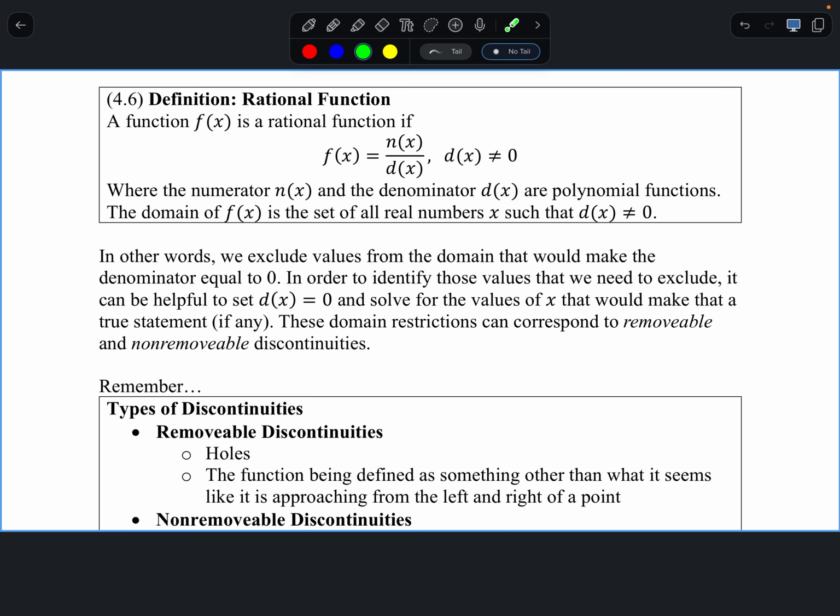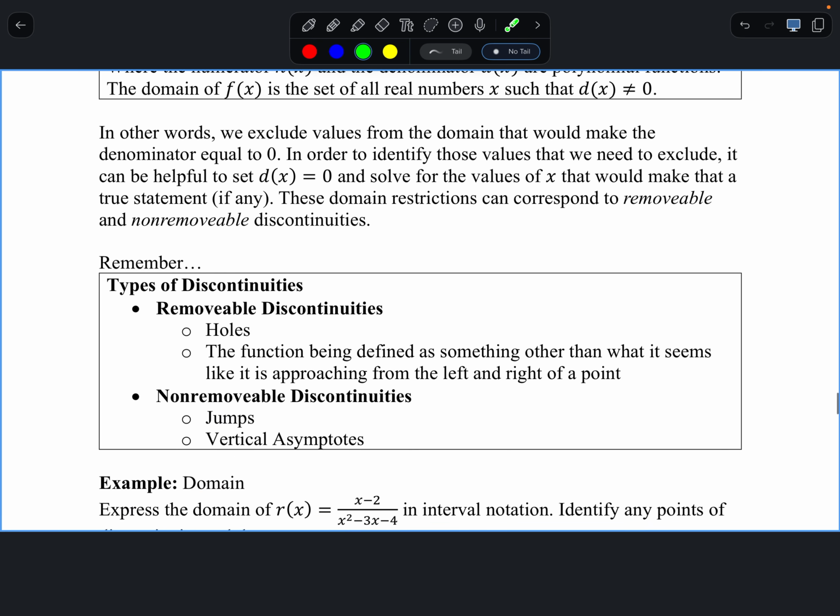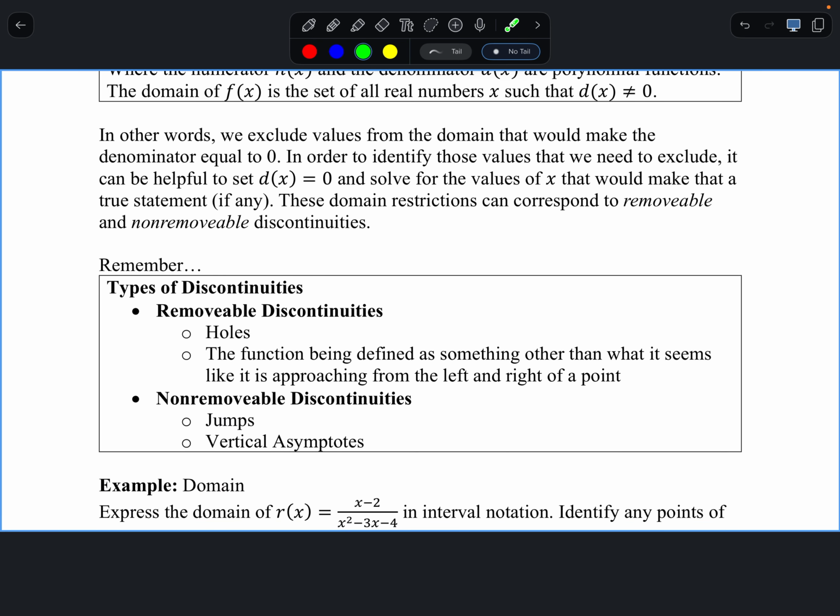The values that make the denominator equal to 0 correspond to discontinuities, which we've already talked about. They correspond to either removable discontinuities or non-removable discontinuities.